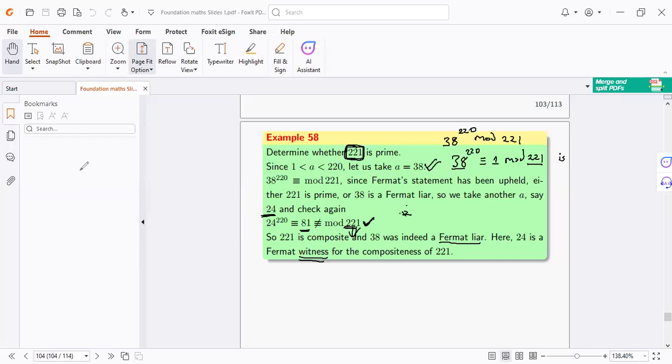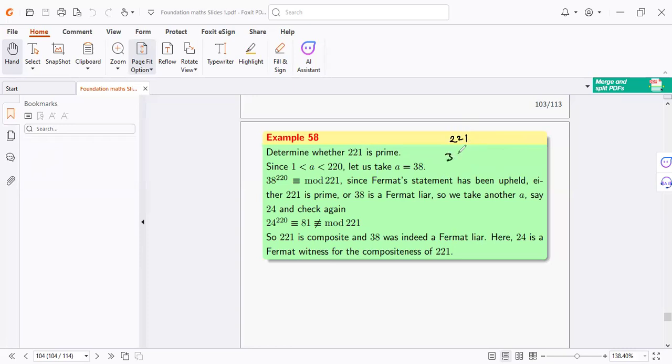So what that means is that at the end of the day, we are able to tell whether a number is prime or not, whatever the result we get, using Fermat's test. Because I've been given 221.